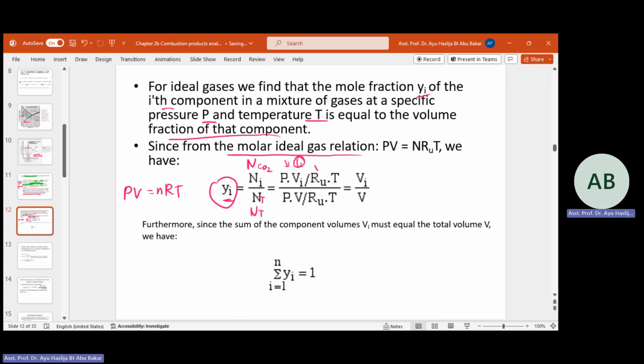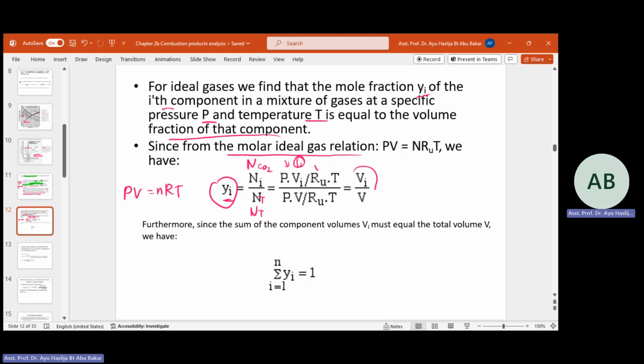Kalau NO2, then V would be the volume of the O2. Okay. So equivalently, apart from the mole amount, the mole fraction can also be equivalent to the volume fraction.